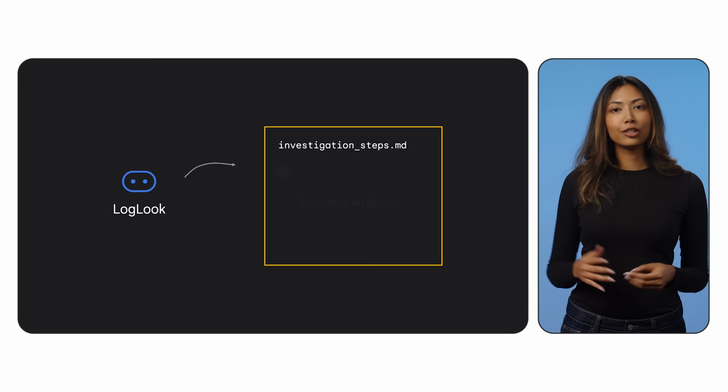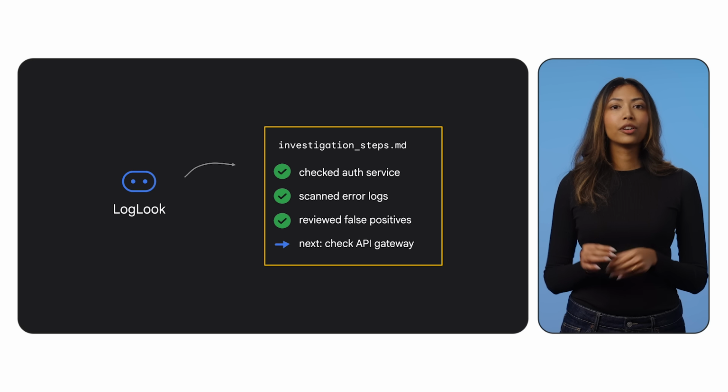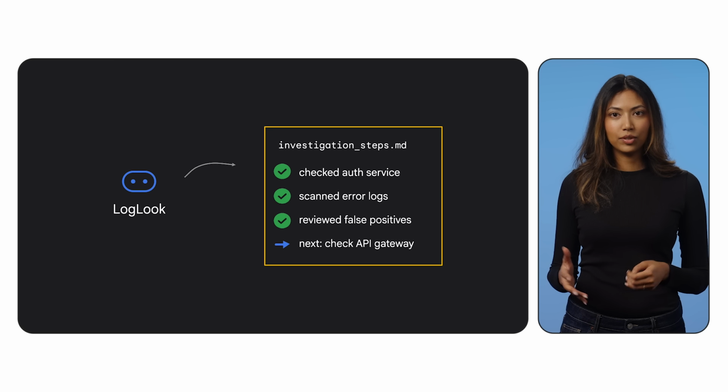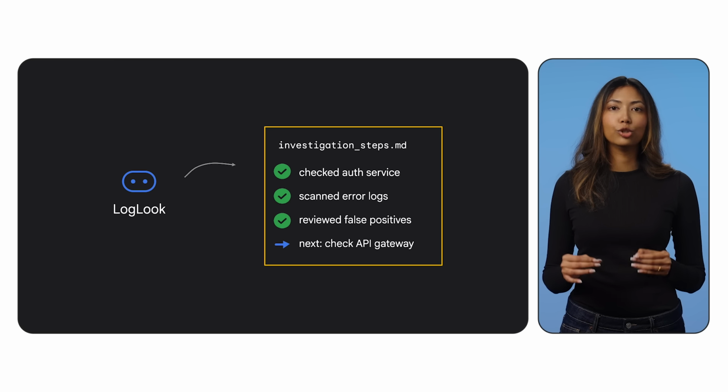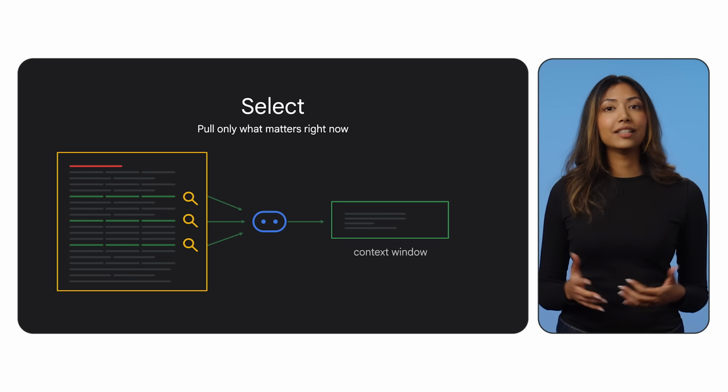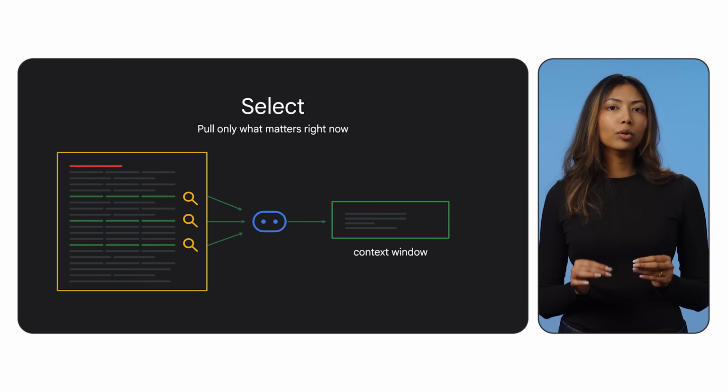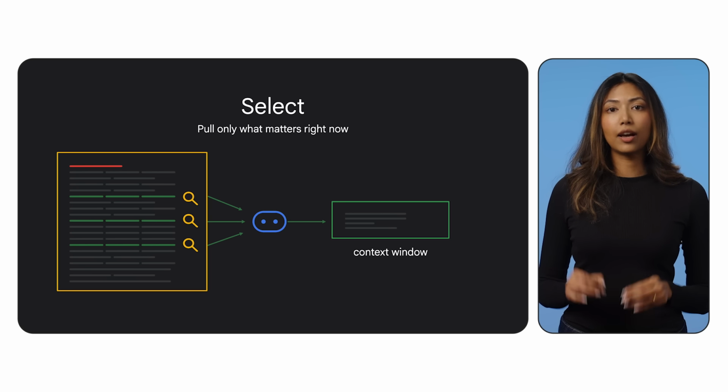This keeps the working context clean while preserving memory. So for our agent LogLook, we can store all of that into something called investigationsteps.md, which will contain a bulleted list of what's been checked. Second step is select, which means pull only what matters right now. So use retrieval to fetch just the log slices and policy lines needed for this turn.